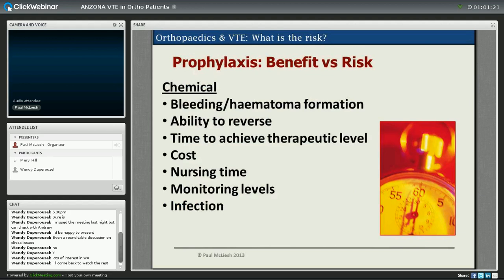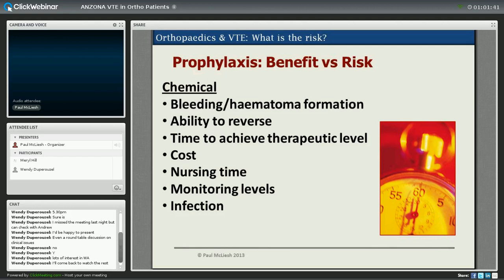So the chemical prophylaxis, there's benefits and risks to that. Obviously bleeding is the main and obvious risk when considering chemoprophylaxis. It can be a serious complication leading to death in the worst case scenario. Hematoma formation can increase the risk of infection.